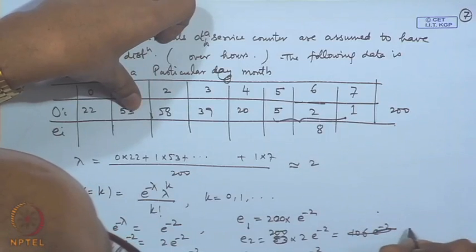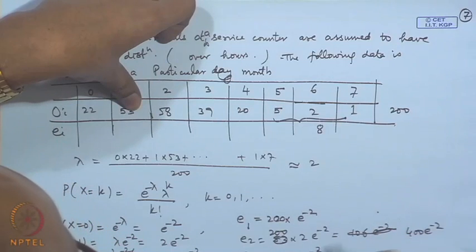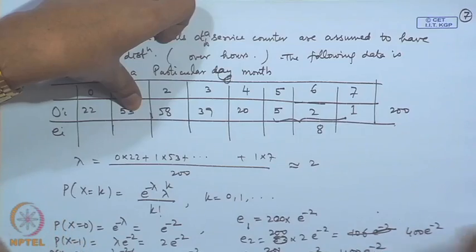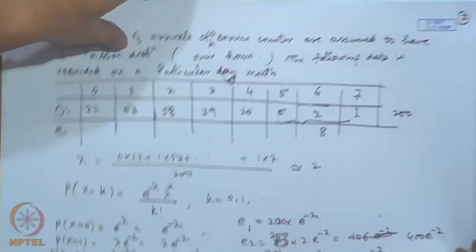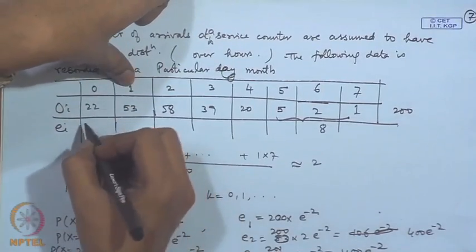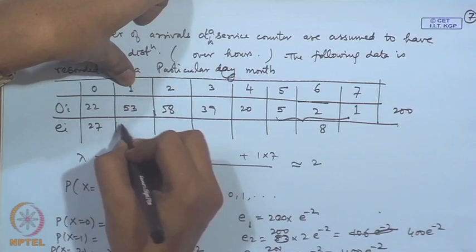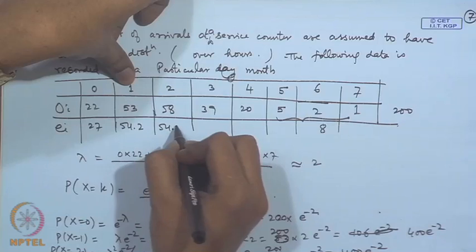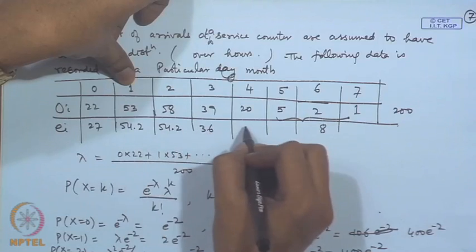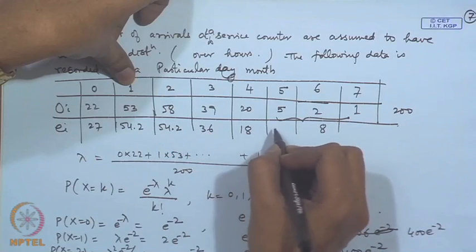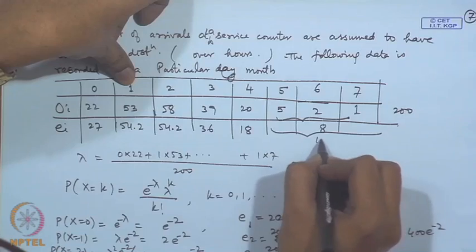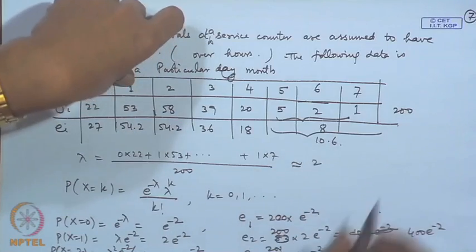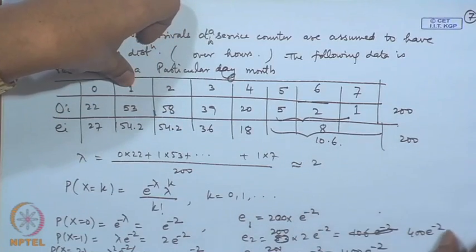So, this is 400 e to the power minus 2, this is also 400 e to the power minus 2. So, now let me write down the values here: 27, 54.2, 54.2, 36, 18, and these last 3 we add up, it is 10.6.